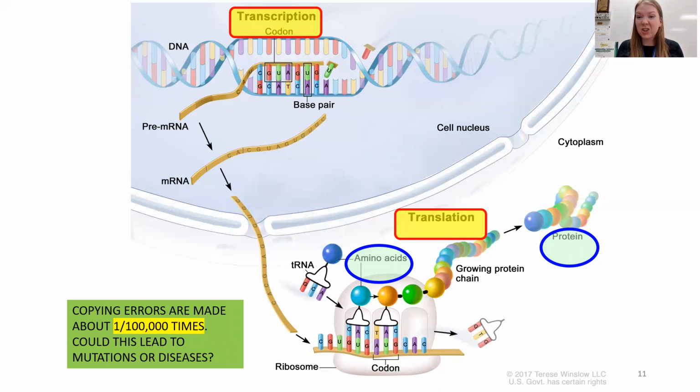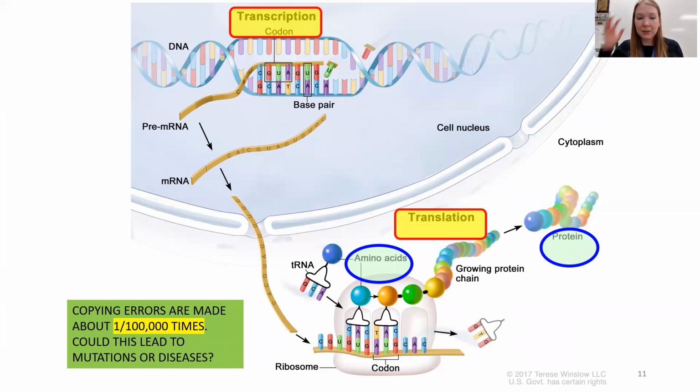It's just a small section, so it's not going along and copying the entire length of your DNA, it's copying just a small section. This small section of RNA is able to leave the cell nucleus out into the cell.